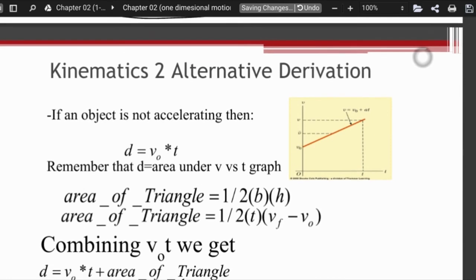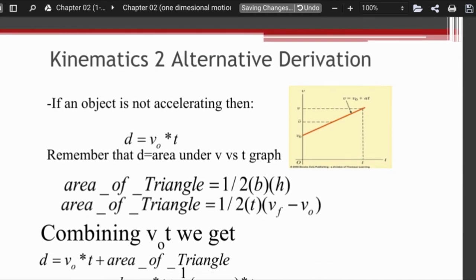When we talk about an alternative way of viewing this, we take our velocity time graph. This is the same picture we saw in our previous derivation for kinematic 1, but instead of finding the slope of the line, we're going to find the area under the curve. So we're going to break this into a rectangle and a triangle, and add them together.